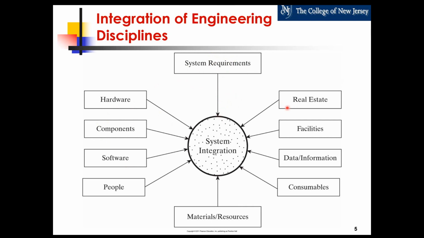What do you need? Any real estate? Do you need any specific facilities? What type of data generation? So for example, if it's a medical type of product, FDA has very specific, very stringent requirements for data generation and traceability. So when you submit your data to the FDA, that's part of the review, and they have specific requirements for that, and it takes a lot of time.